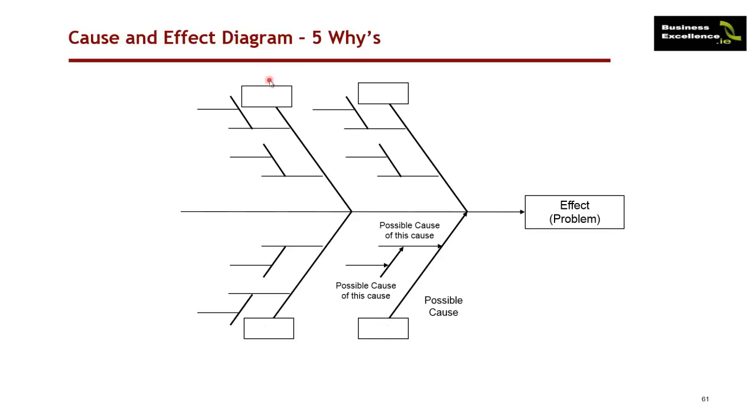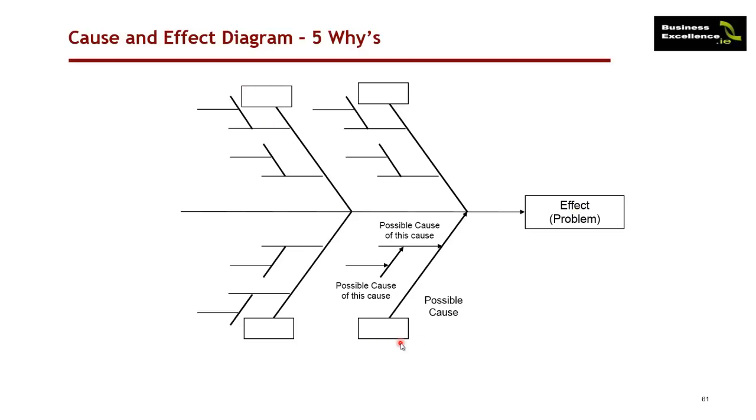So these could be people, these could be equipment, these could be systems, these could be environment. And the way it works at a very high level is this high-level cause causes this effect. So you could say that the high-level cause is people related. The high-level cause could be equipment related. The high-level cause could be environmental related.